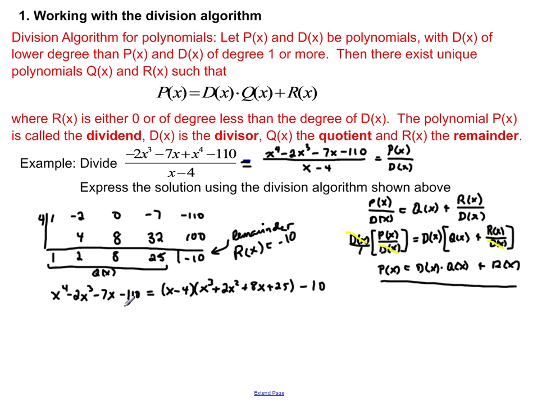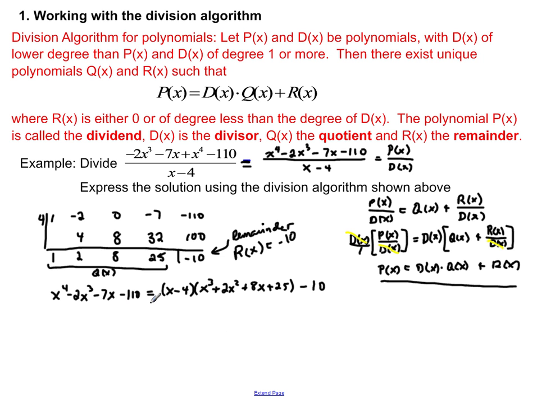Right? If you think about what this actually means, if we were to divide all sides right here by x minus 4, this is really the same thing as saying x to the fourth minus 2x cubed minus 7x minus 110 divided by x minus 4 would be equal to x cubed plus 2x squared plus 8x plus 25 minus 10 over x minus 4.